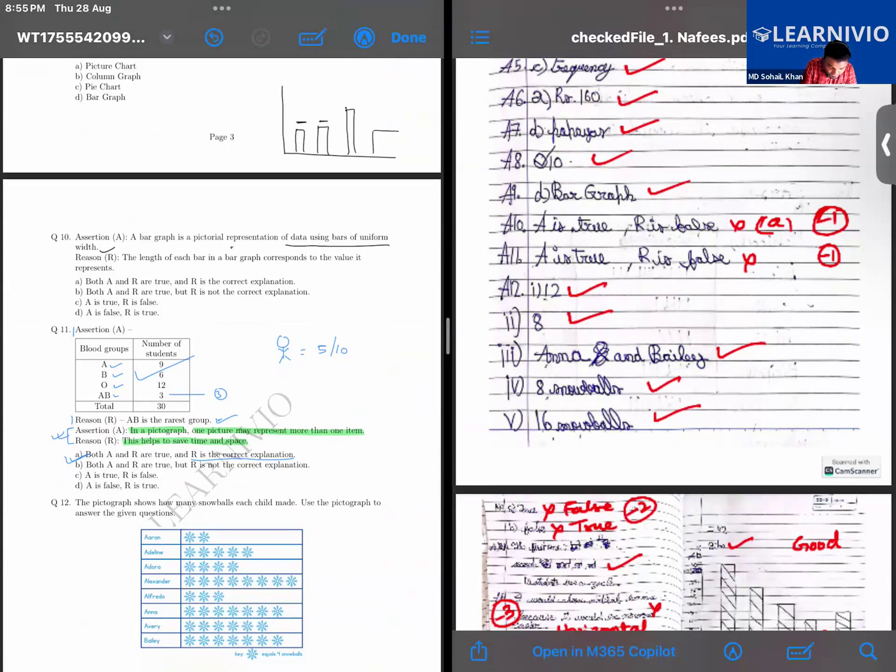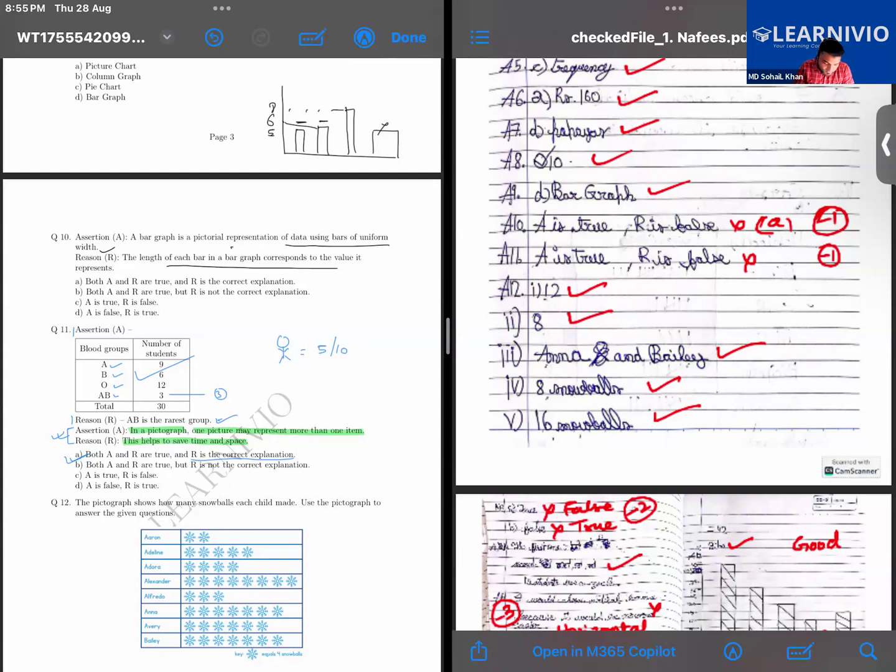It's not like we'll be using a bar like this. So assertion is correct. Reasoning says the length of each bar in a bar graph corresponds to the value it represents. So the varying lengths of these bars represent some value. Like this is 5, this is let's say 6, that is 8.